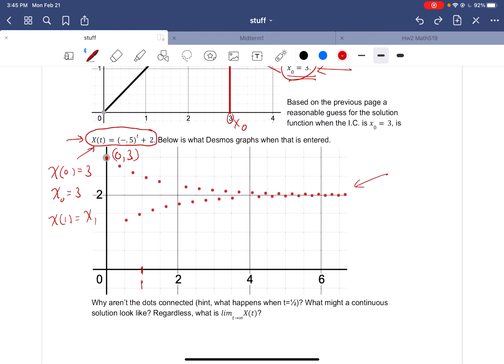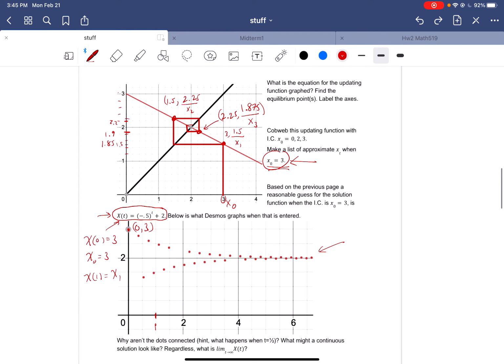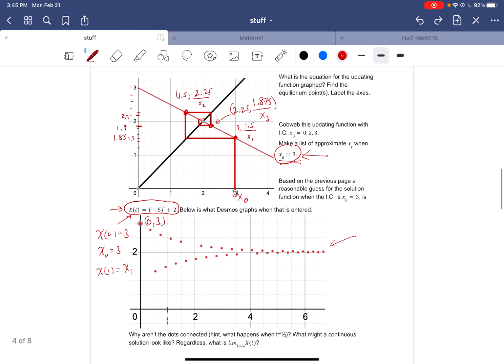Without saying too much, well, okay, what did I propose for x1? It was 1.5. Where does that live? It lives right about on this line. So 1.5 would be about there. And it looks like that would fit the data. So this point here that I added is 1, 1.5. Which is simply saying that x sub 1 is 1.5.